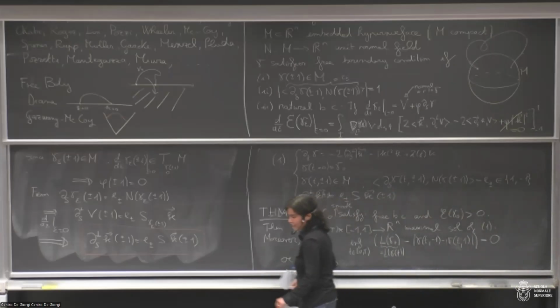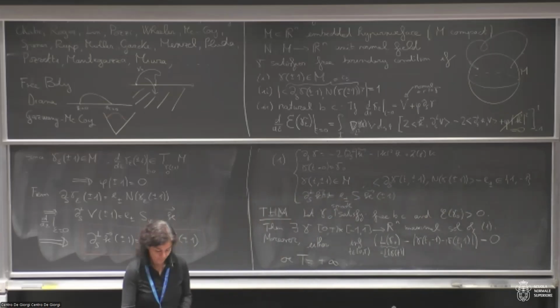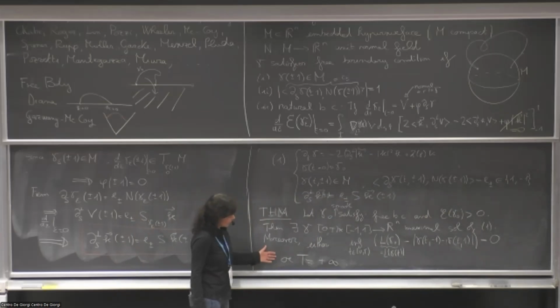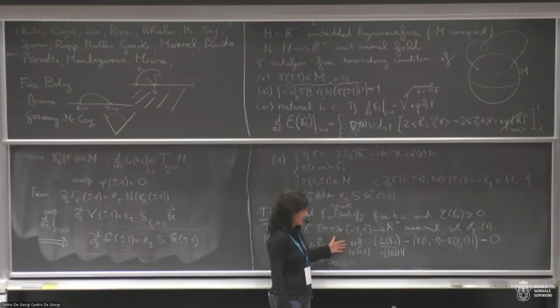And once we have that, then as usual we can show that, up to reparametrization, subsequences, and translation, we have convergence to a critical point of the elastic energy. And here, in this case, we have convergence to a straight line.